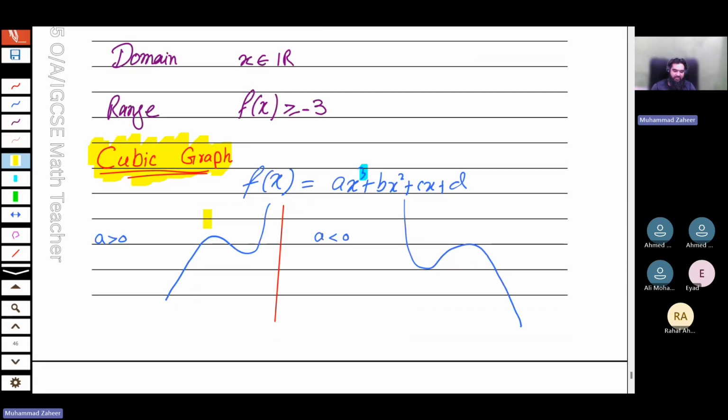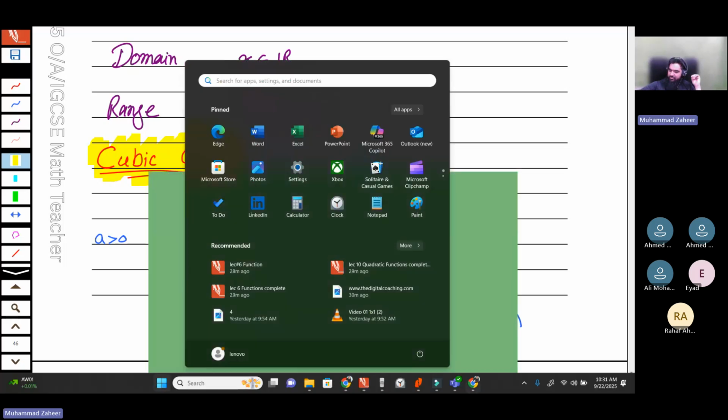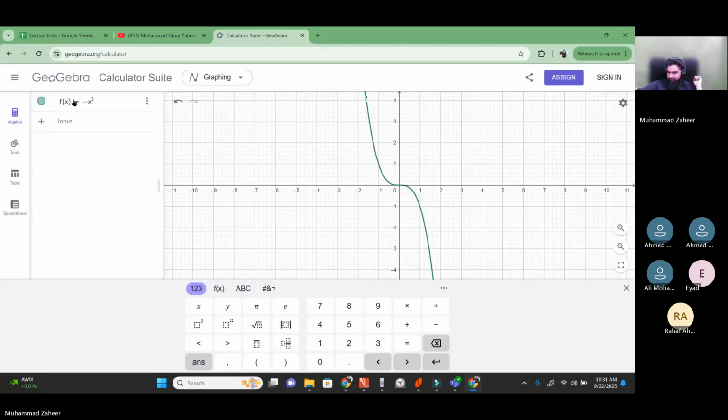Tell me any cubic function, for example, 3x raised to power 3 plus 5x squared minus 9x plus 7.